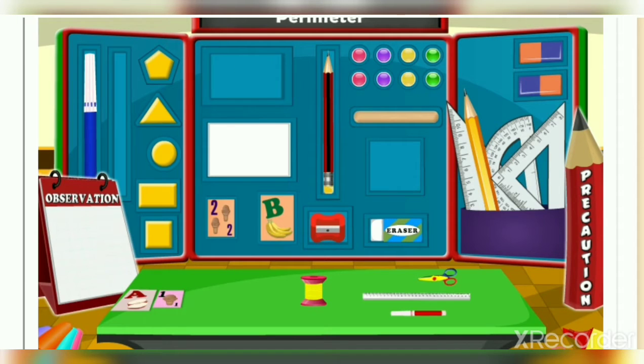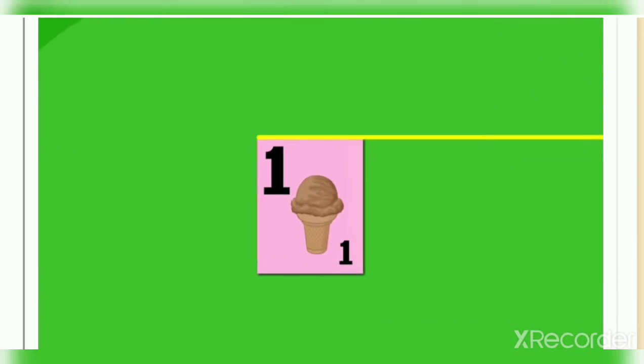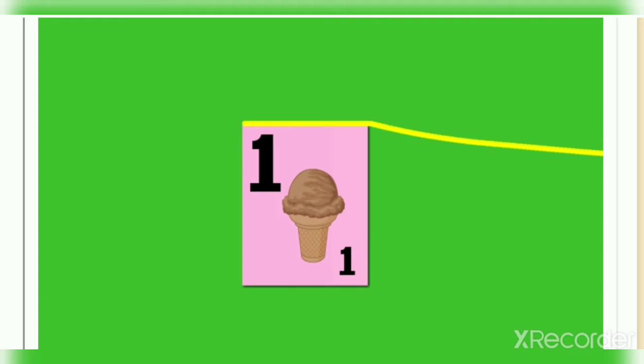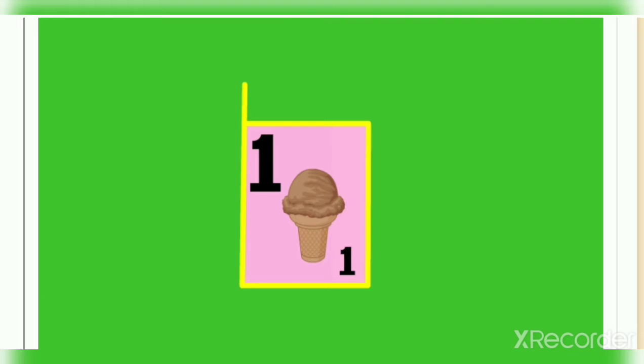Let's now measure the dimension of the flashcard marked as 1. Place the thread on one of its sides. Stretch the thread around the card. Mark the end point on the thread with the red-colored pen.